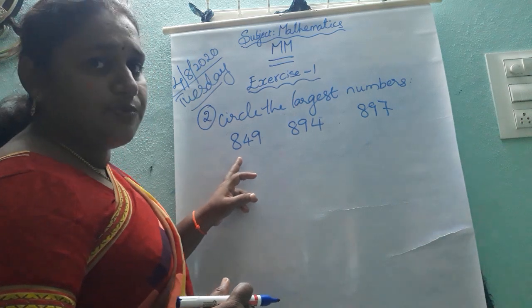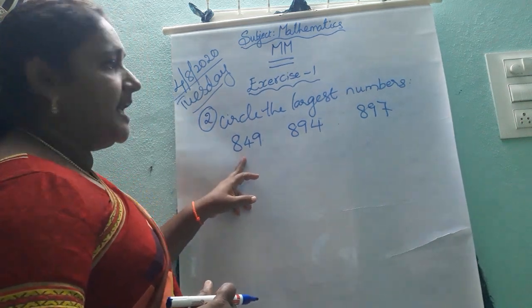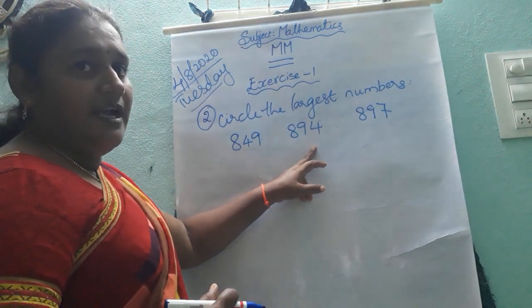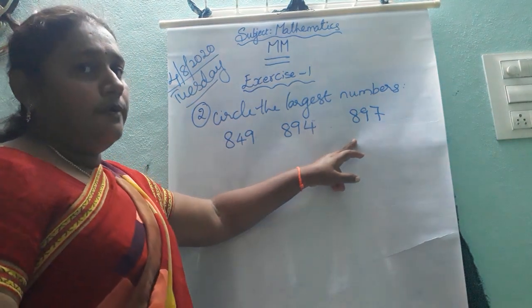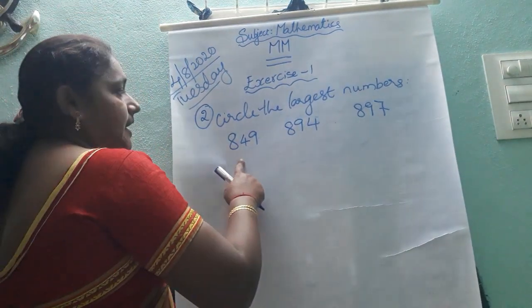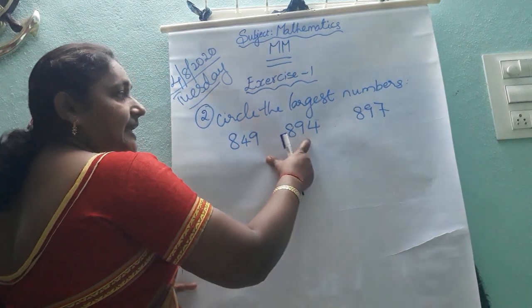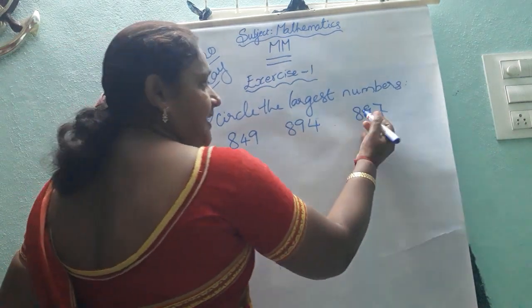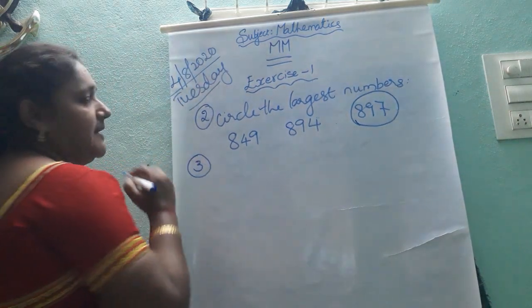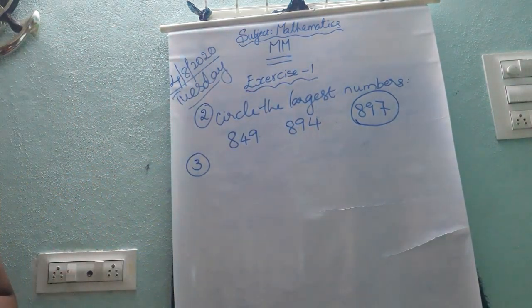What are those numbers? Once again read it. 849, 894, 897. Okay, so in these three, which is largest? If you observe, 849, 894 and here 897, it is the largest number compared to those two numbers.